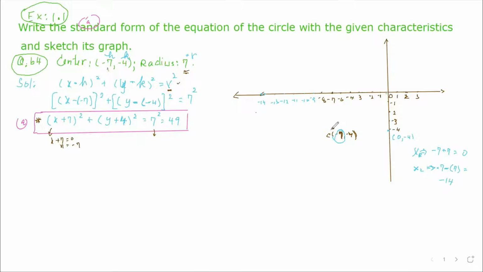So when you go to the left-hand side for the x value, it's still the same as the y, right? So you draw up to this side. Everyone get it? So this point, x is negative 14, but y is still negative 4. Nothing changed. Okay, you got this point now.